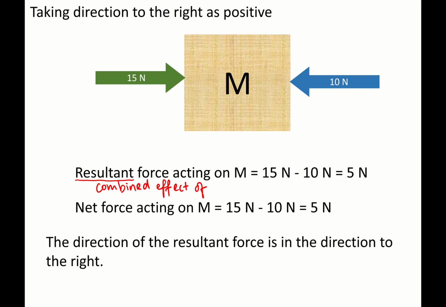As we studied in chapter 1, force is a vector, and vectors have direction. So when we want to calculate the resultant vector, we're just focused on the direction of the vector. It doesn't matter whether it's pushing against m or pulling m. We just focus on the direction.